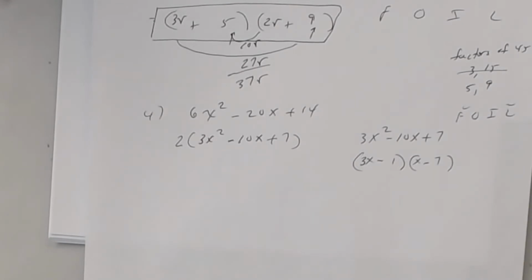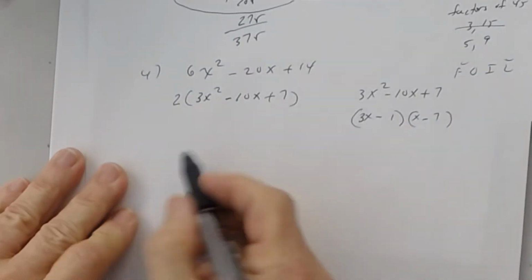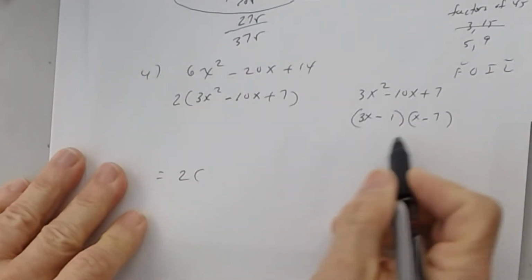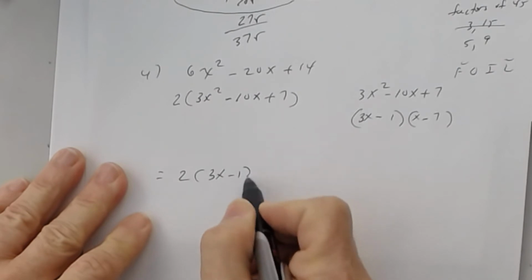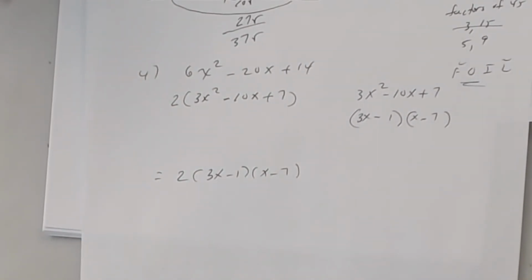Now be careful. Don't say the answer is this. I'm going to leave some space here. Don't say the answer is 2 times 3x minus 1 times x minus 7, because it's not. Someone that does that, what are they failing to do? Check the outer and the inner.